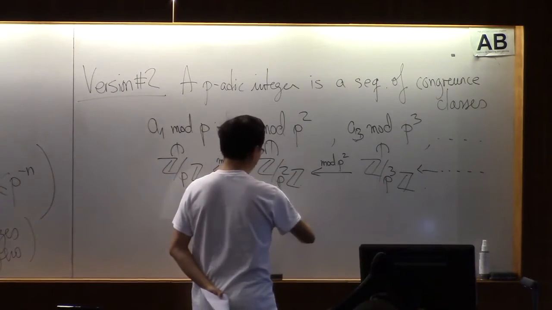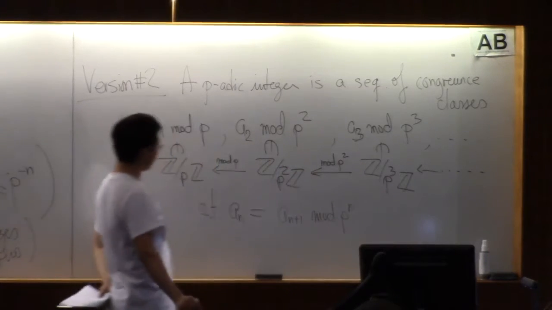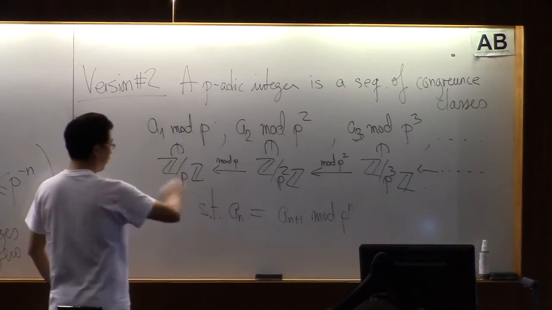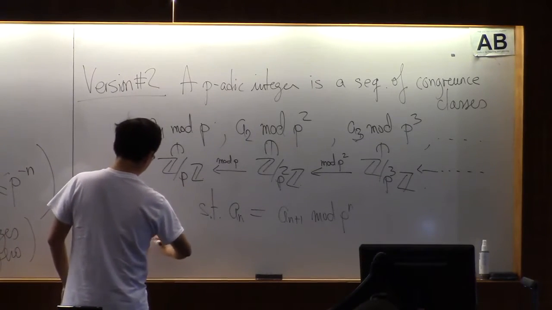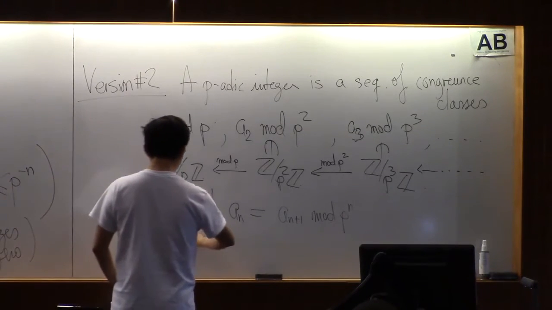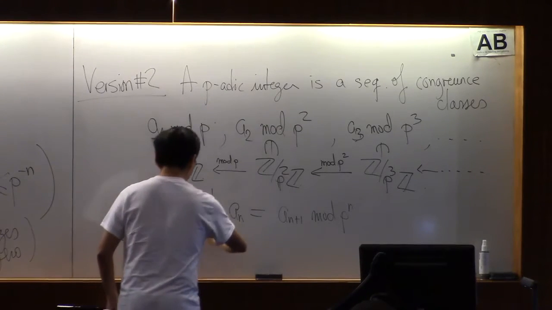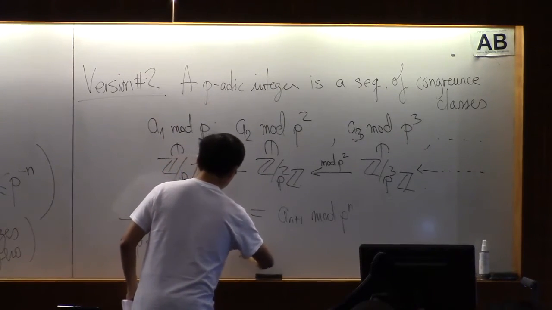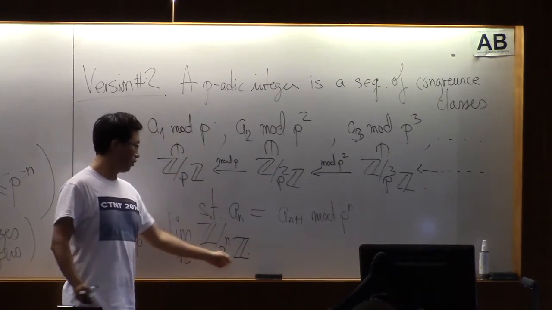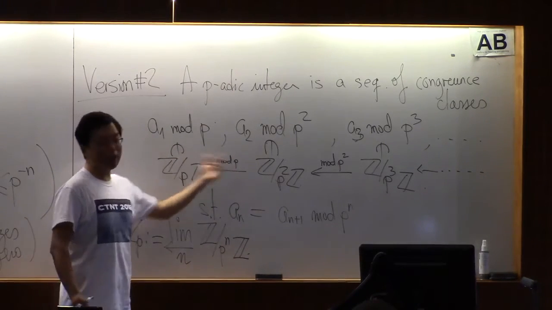So this is going to be a_{n+1} modulo p to the n. So there's a concise way of expressing what I just said. That was taking Zp to be the so-called inverse limit over n of Z mod p to the n. So it's just taking a sequence of elements in these groups such that they're compatible under the maps.